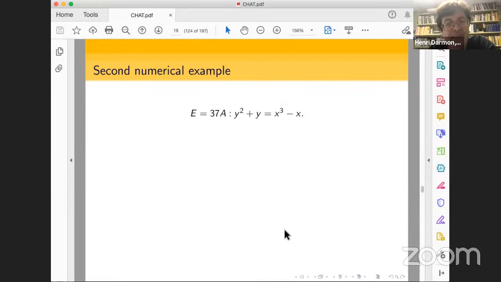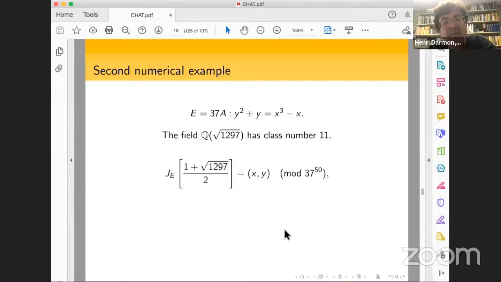And a second example: if we work with the elliptic curve of conductor 37, which is the first curve of analytic rank 1 over Q, we could take a real quadratic field like Q(square root 1297), which has class number 11. So here I, on purpose, took a real quadratic field of relatively small discriminant but large class number.